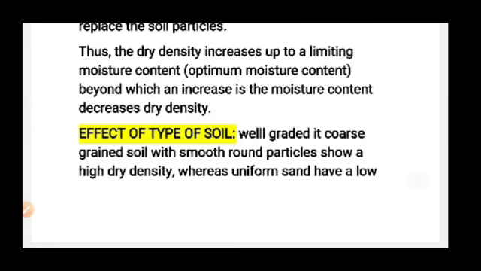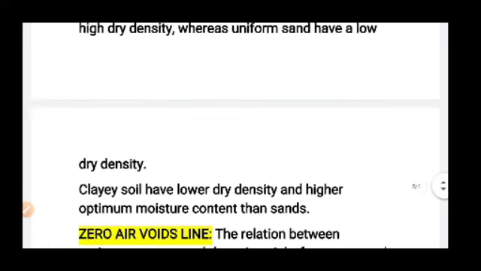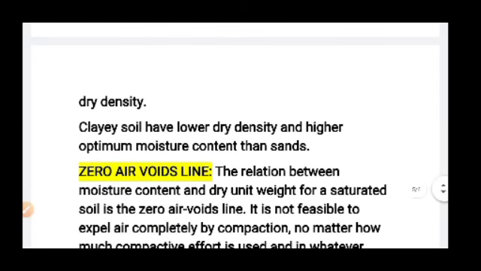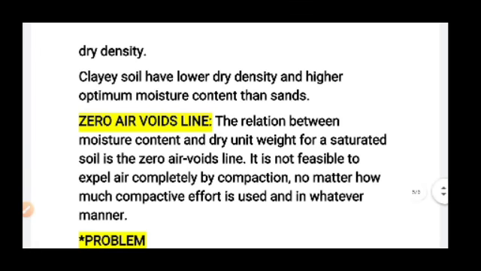Effect of type of soil. Well graded coarse grained soil with smooth round particles shows a high dry density, whereas uniform sand has a low dry density. Clayey soil has lower dry density and higher optimum moisture content than sands. Zero air voids line.